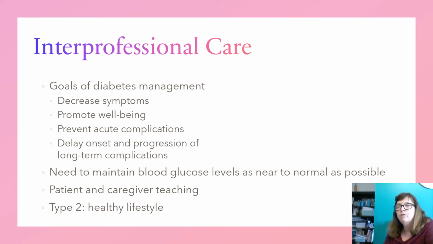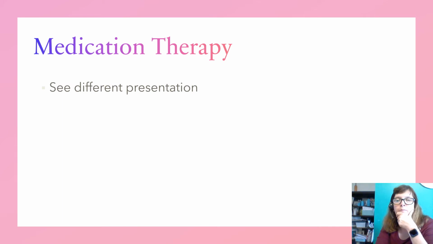We want to make sure that the patient and the caregiver understand, recognize complications, and understand how to administer emergency treatment if needed, and are on board with dietary and lifestyle changes. And for type 2, we want to really encourage living a healthy lifestyle, getting adequate exercise, and good dietary management. Medication therapy is a whole different presentation.